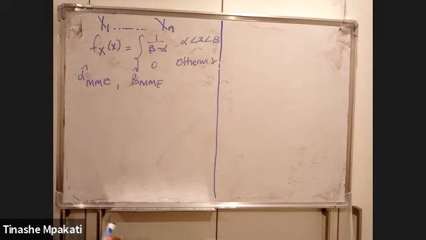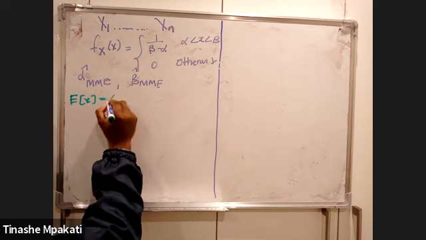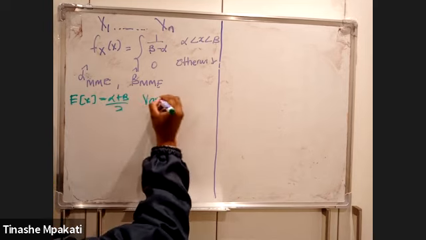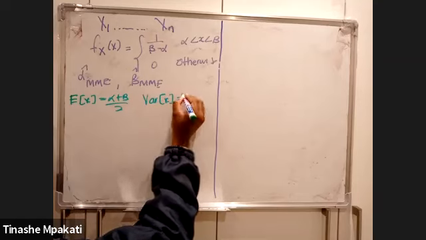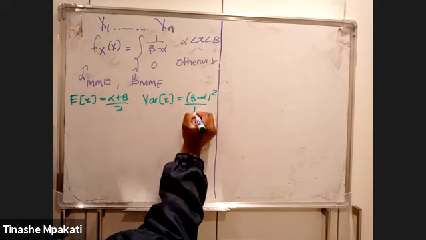So this is what we need to find. And fortunately, this question is explicitly telling us that the expectation of x is equal to alpha plus beta over 2. And we're also told that the variance of x is just equal to beta minus alpha all squared over 12, like that.